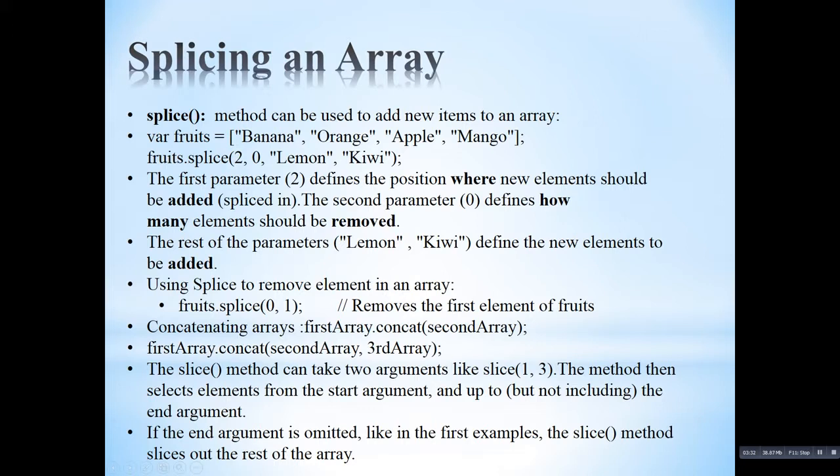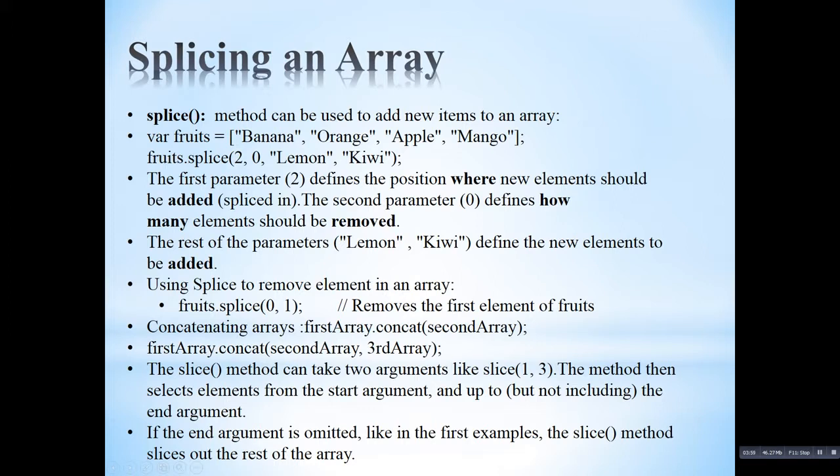I am executing this method, fruits.splice(2, 0, "Lemon", "Kiwi"). The first parameter 2 defines the position where the new element should be added, spliced in. So at position 2, that is 0, 1, 2, lemon will be inserted. And the second parameter 0 defines how many elements should be removed.